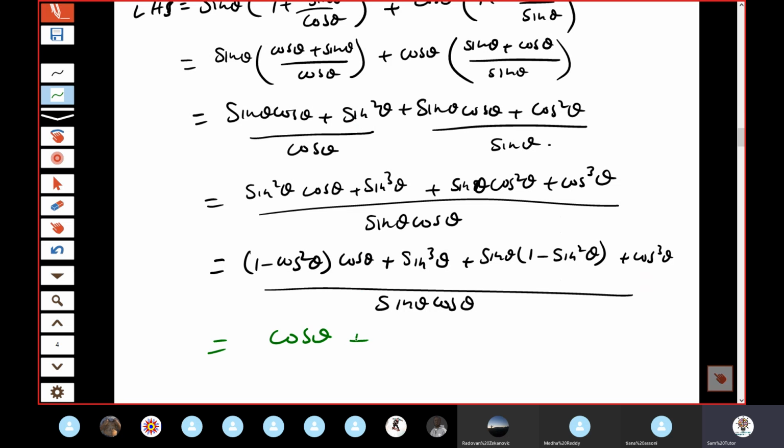You just write cos theta plus sine theta on. Everything else cancels out. The sine will cancel out with the sine cubed when you expand it. All you should have left is cos theta times 1, sine theta times 1, equals right hand side.